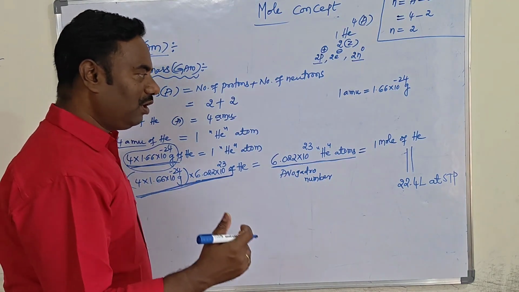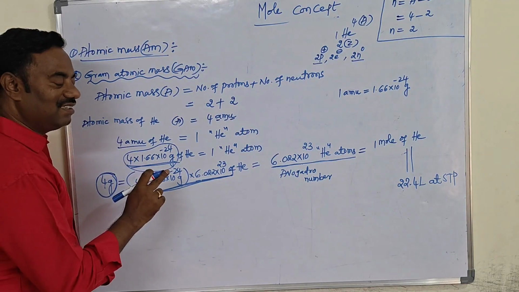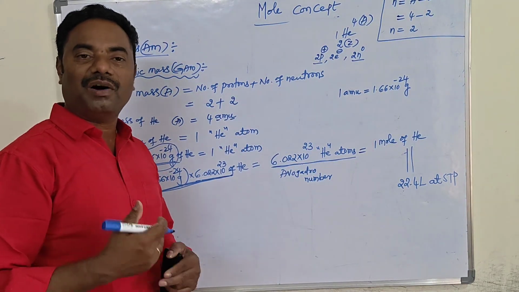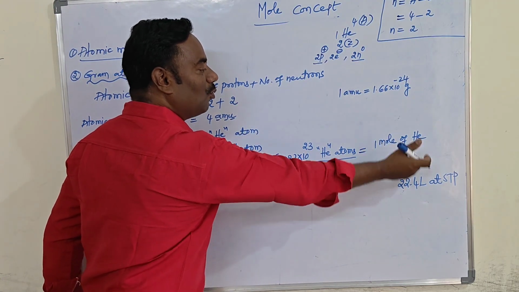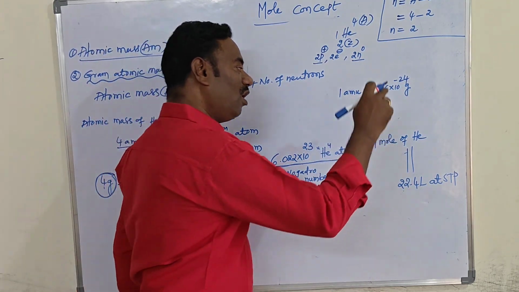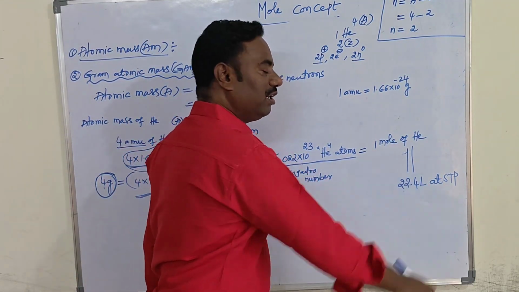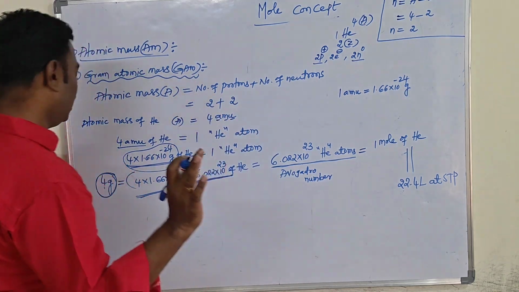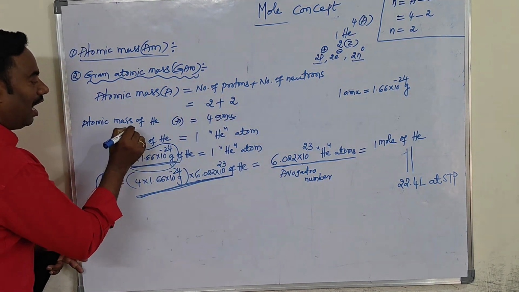The definition of mole is the amount of substance which contains Avogadro number of particles. Particles may be atoms or molecules or ions. Here atoms are there, so it is equal to 1 mole of helium. 1 mole of any gas, not only helium, occupies 22.4 liters at STP.